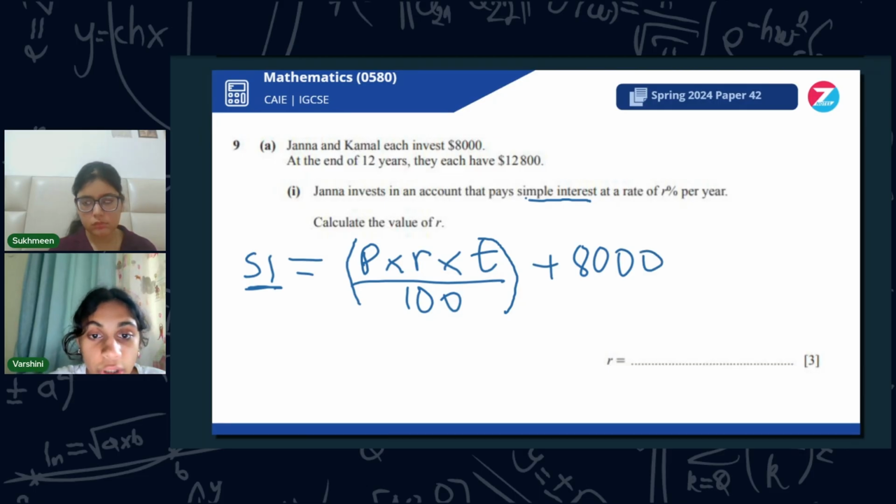We also know that the total amount they have, let's say A, is going to be 12,800.